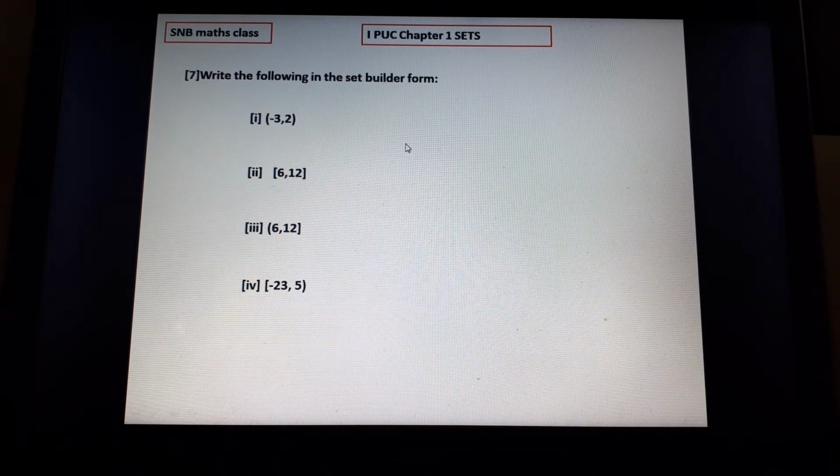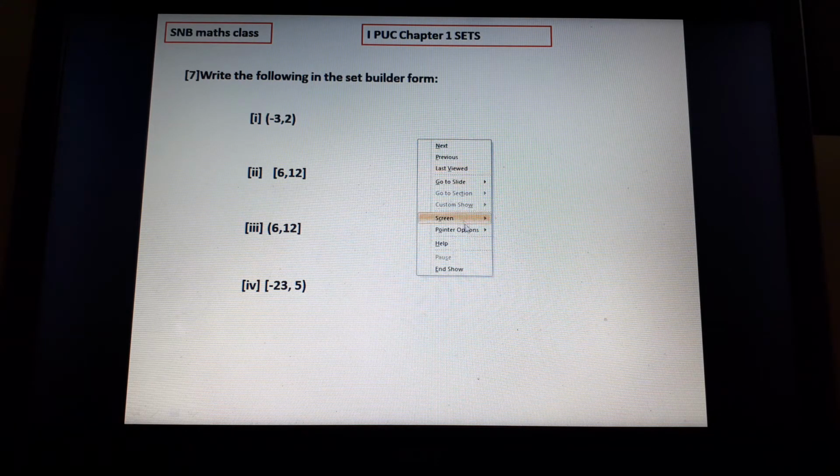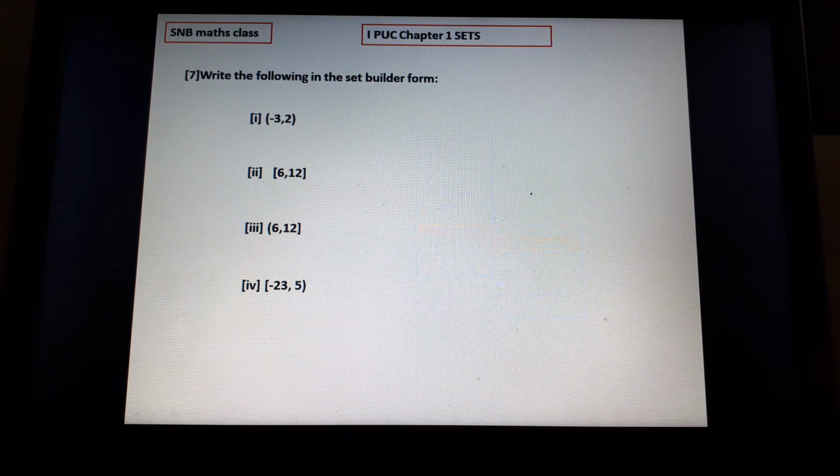So, write the following in the set builder form. We have to write like this. This equals the set of all x such that the first condition is x should be a real number. Then the condition is it is an open interval, therefore I have to write -3 < x < 2. So this is the set builder form of this interval.